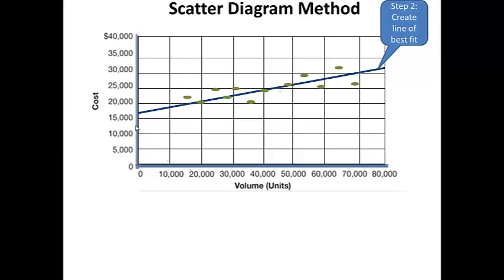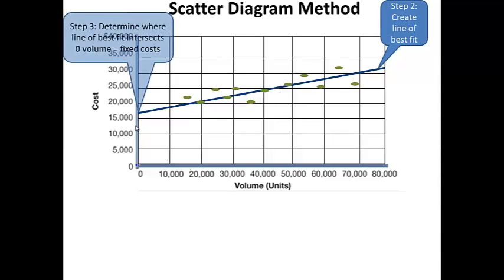So we know our fixed costs are going to be equal to about $16,000. And the remainder above that is going to be basically variable cost.